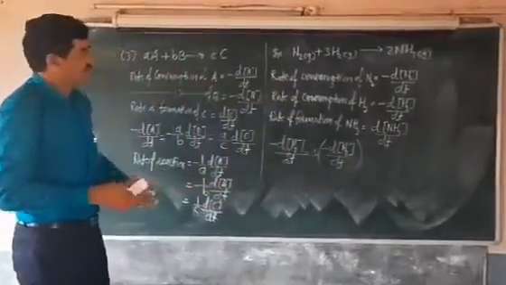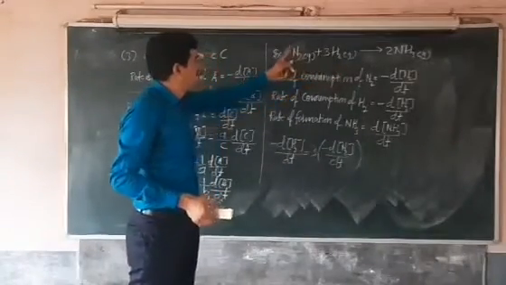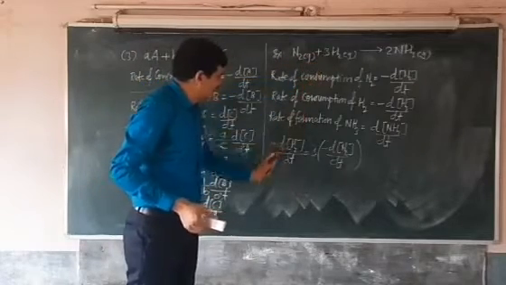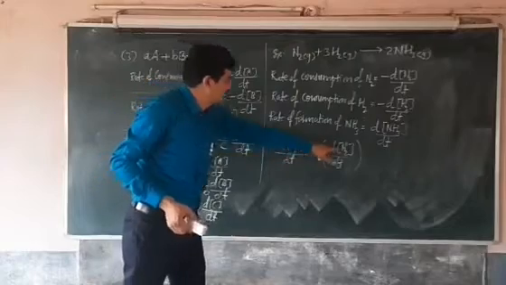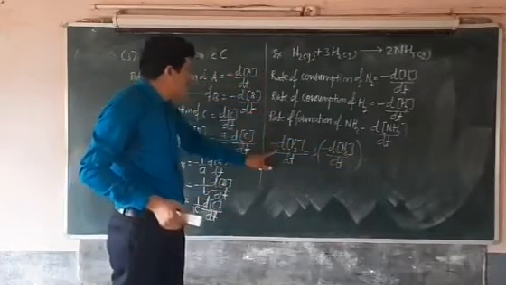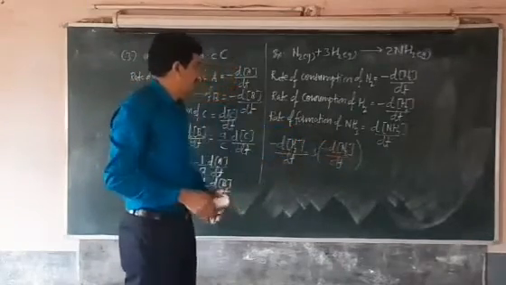Why 3 times? Because the coefficient of hydrogen is 3, while the coefficient of nitrogen is 1. And from these coefficients you can relate them. This is the rate of consumption of hydrogen and this is the rate of consumption of nitrogen. Here the rate of consumption of hydrogen is 3 times the rate of consumption of nitrogen.